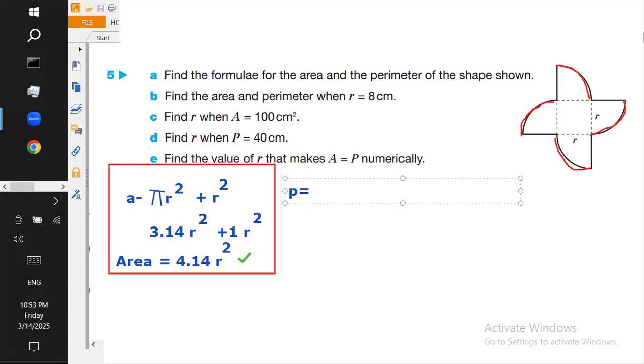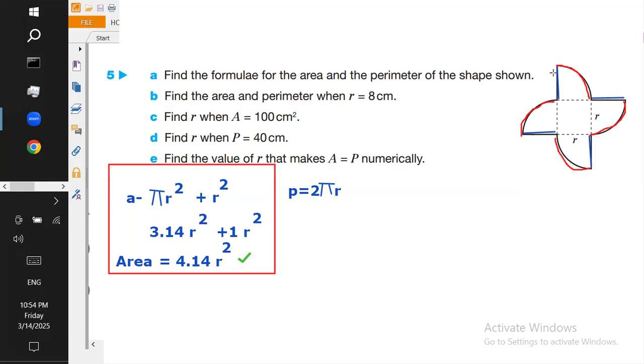So perimeter equals, first we have the perimeter of the circle, which is 2 pi r. After 2 pi r, I have to add what? Very good. What's missing from the perimeter of the whole shape? Yes, I'm missing the straight lines. What do you call these straight lines? Very good. These are the radii.